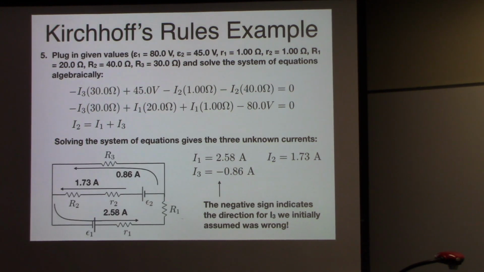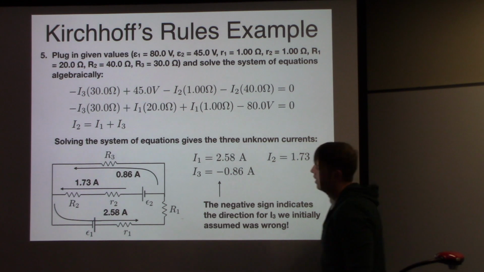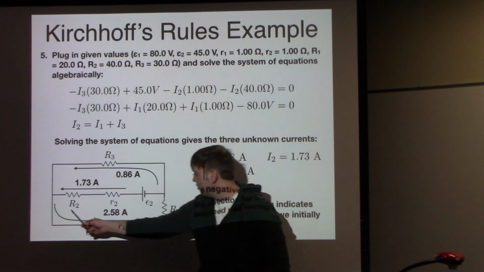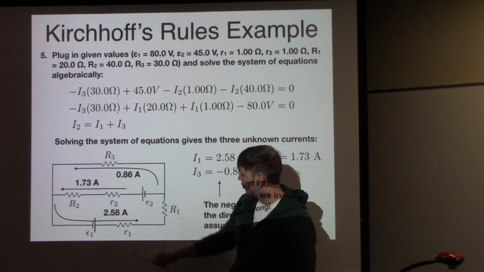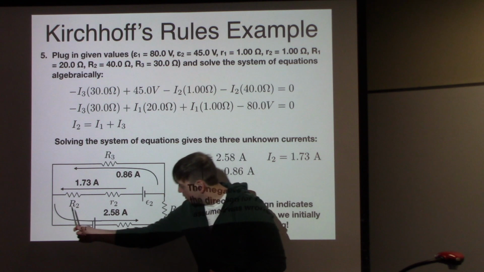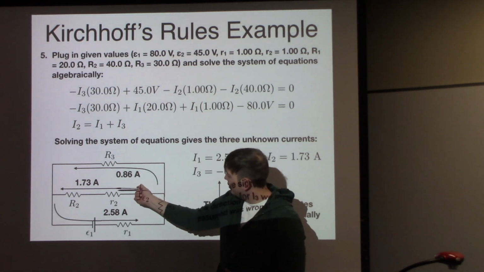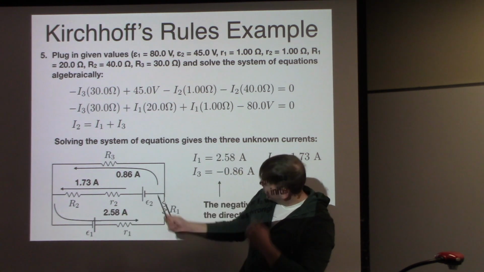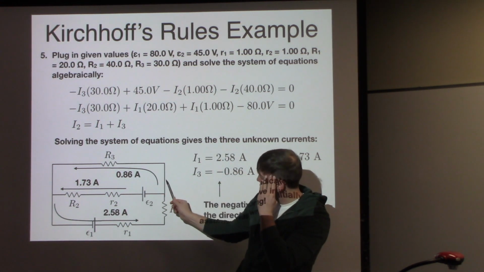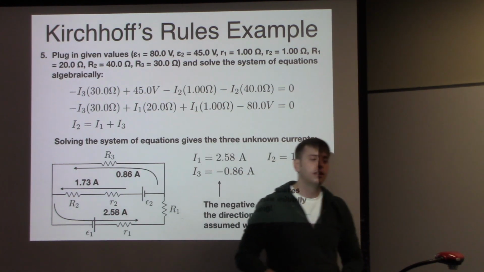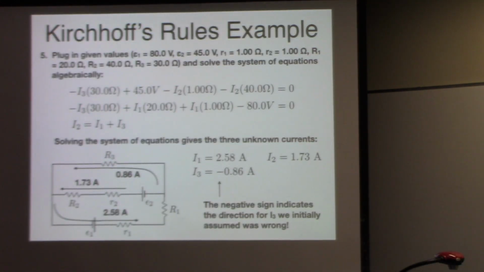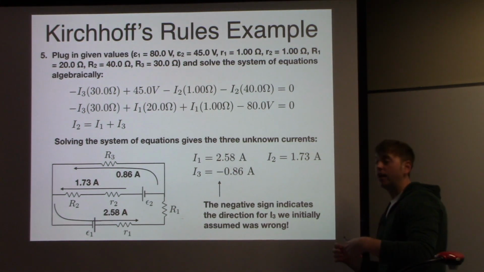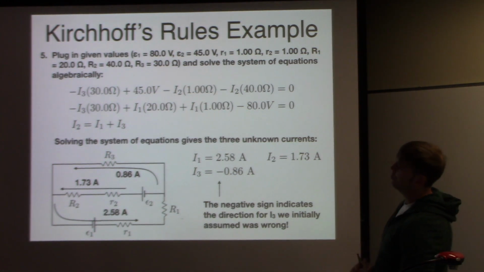The directions that we assumed for I1 and I2 were correct, so down here in the bottom branch of the circuit there's 2.58 amps of current flowing this way. There's 1.73 amps of current in the middle portion flowing this way to the left. And then 0.86 amps of current flowing across the top portion of the circuit to the left, in the opposite direction that we assumed. So again, don't worry about trying to guess the correct direction for a current at the beginning. It's all going to come out in the math at the end.